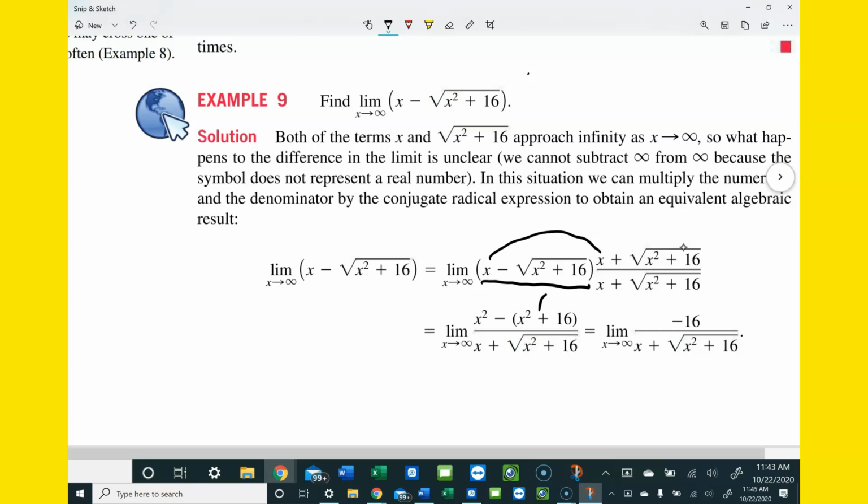x times x is x squared. x times the positive of that would be plus x square root of x squared plus 16. And then negative square root of x squared plus 16 times x is minus x square root of x squared plus 16. And then this thing times itself would just be the thing under the radical.